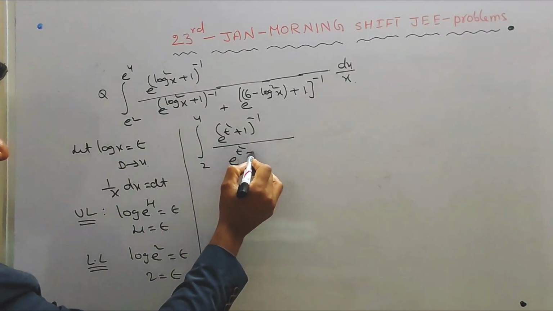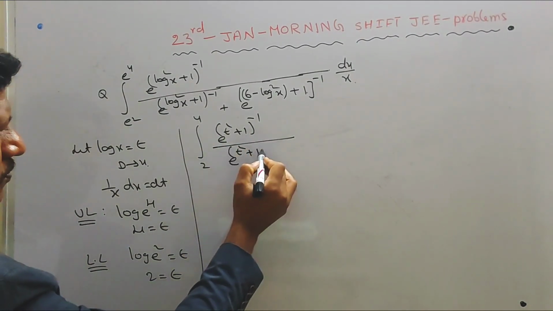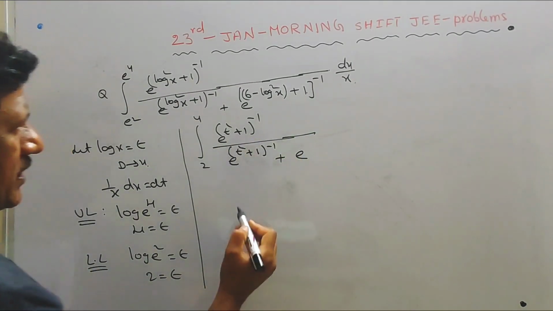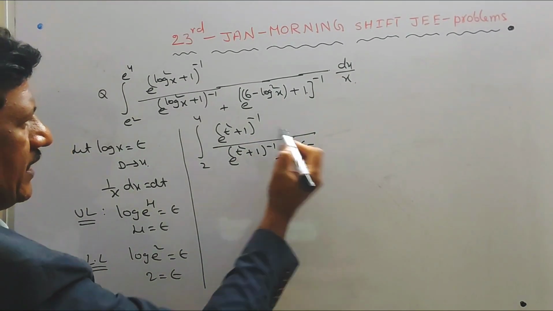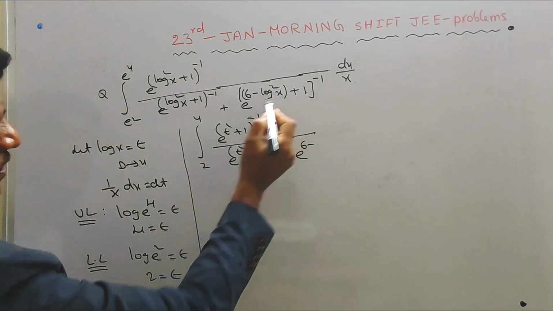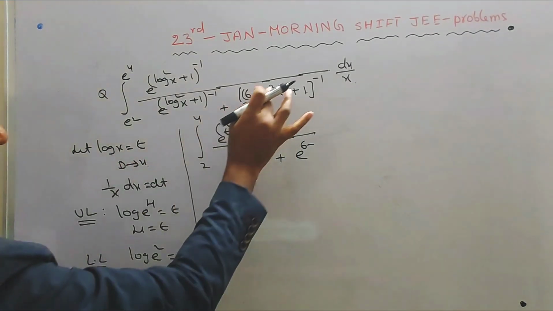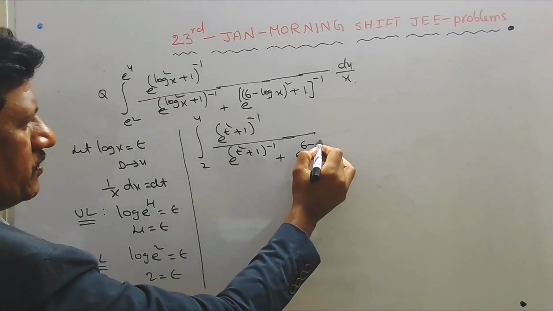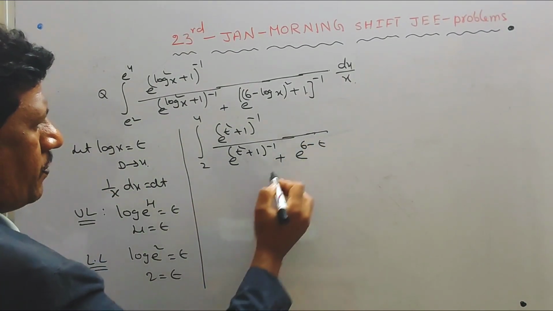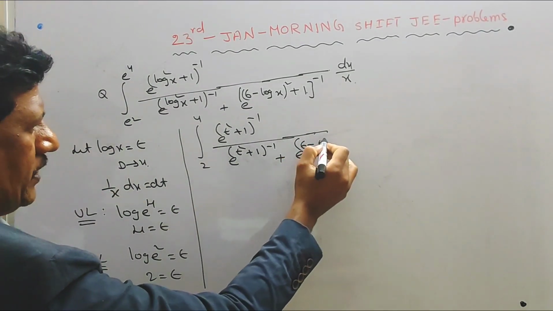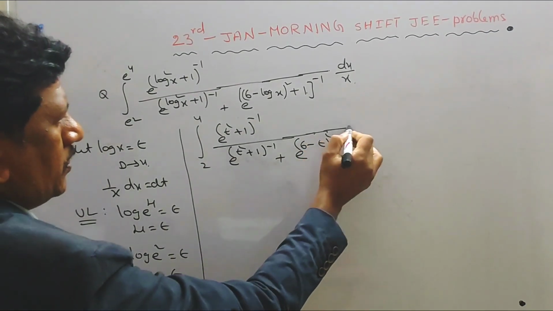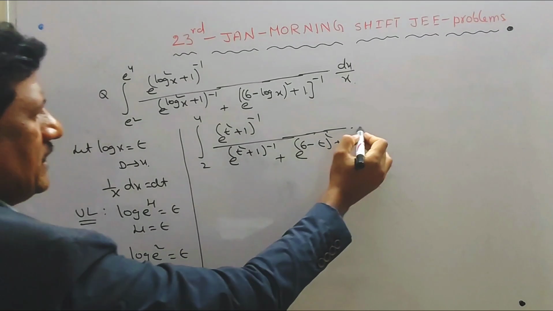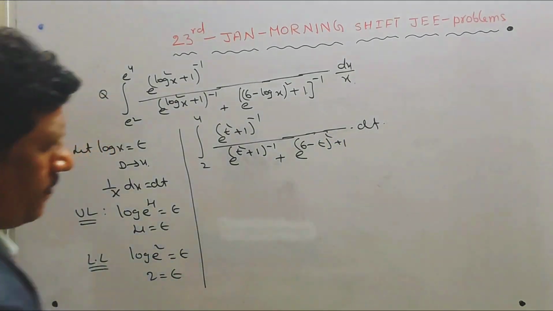Then you will get (t square plus 1) whole to the power of minus 1 plus e power 6 minus, so this is actually what here we are taking log x as t, so this is the whole square. So we are taking log x as t, then you will get (6 minus t) whole square plus 1. Now in the place of dx by x, we can write dt like that.